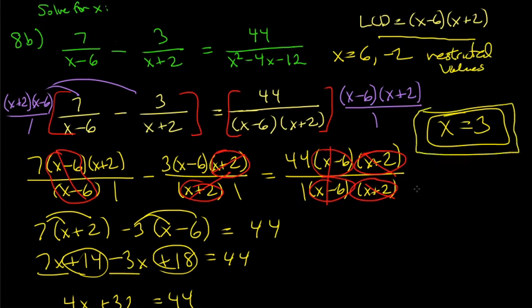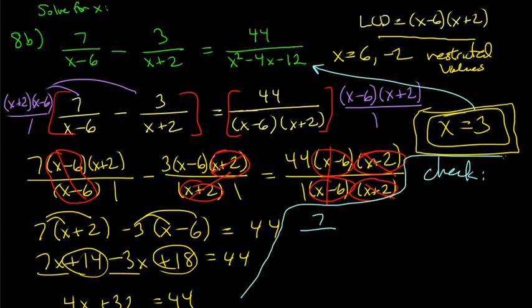And if you don't believe me, maybe we should check. So, let's check. If I plug in x equals 3 in the original equation, don't plug it in anywhere else. Plug it into the original equation, and let's see what happens. We get 7 over x minus 6, but remember, x is 3, so 3 minus 6, minus 3 over 3 plus 2.